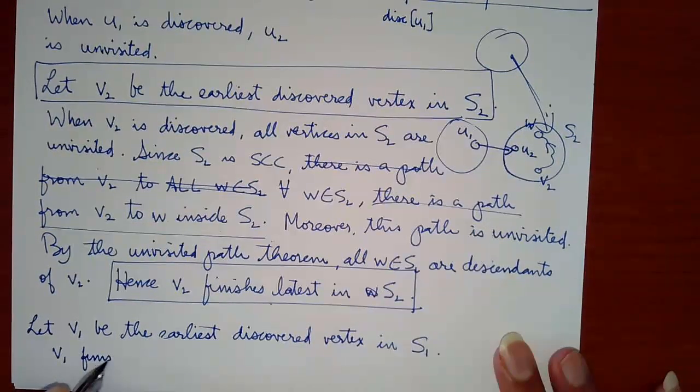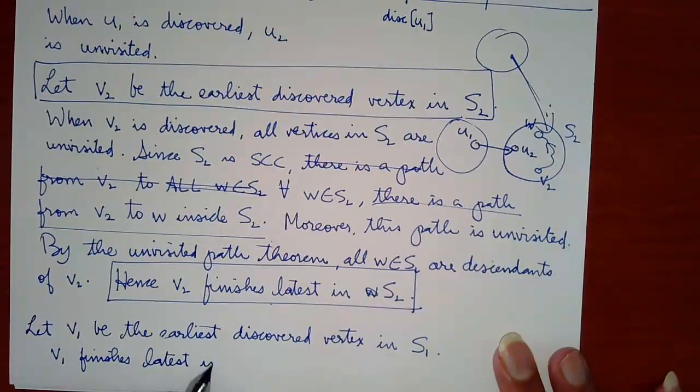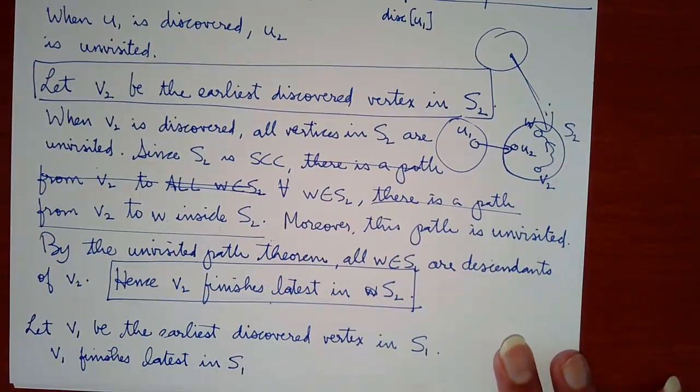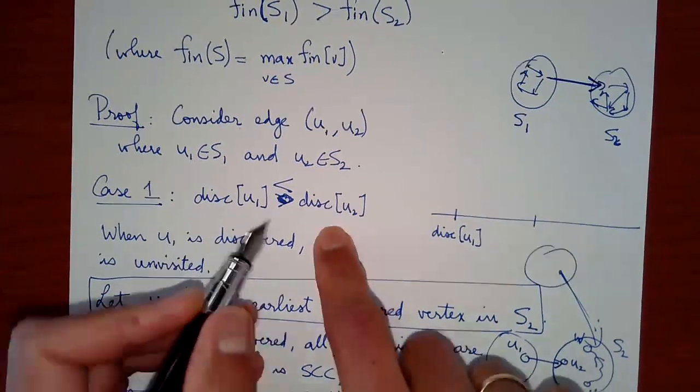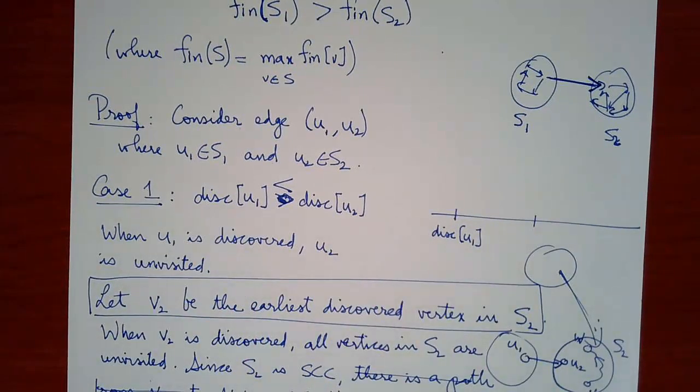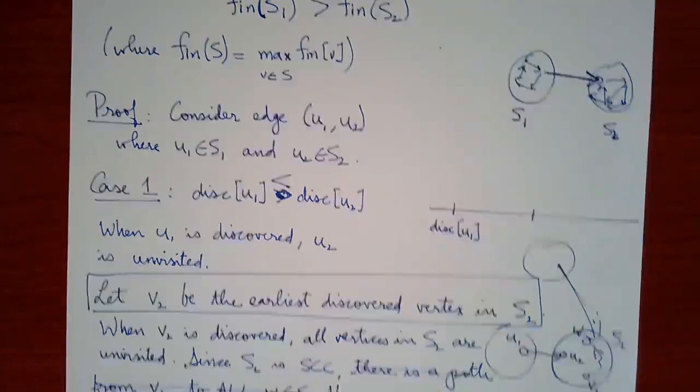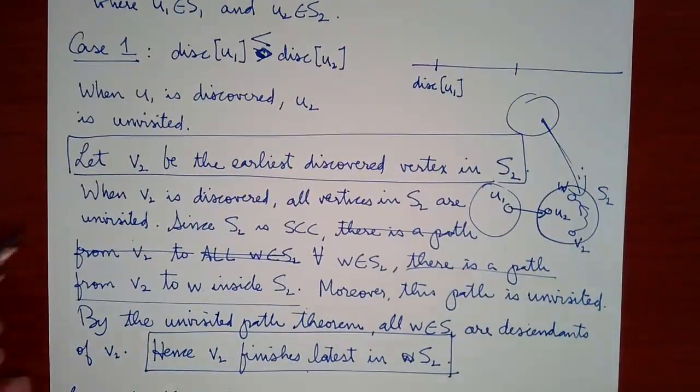V1 finishes latest in S1. So actually, what's going to make more sense is to do this case analysis with V1 and V2 rather than U1 and U2. So my apologies for this confusion.